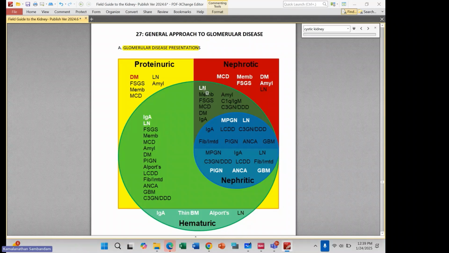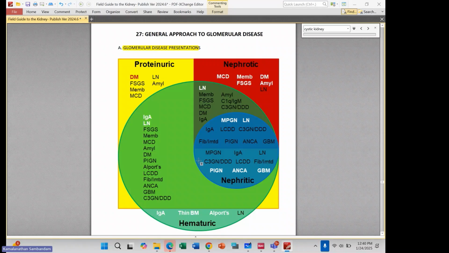But I want to highlight that these three are not rarely associated with hematuria as well. You absolutely can have hematuria with minimal change disease, FSGS, and membranous nephropathy. And so you can see that it is also in this segment of the Venn diagram, nephrotic range proteinuria with hematuria.